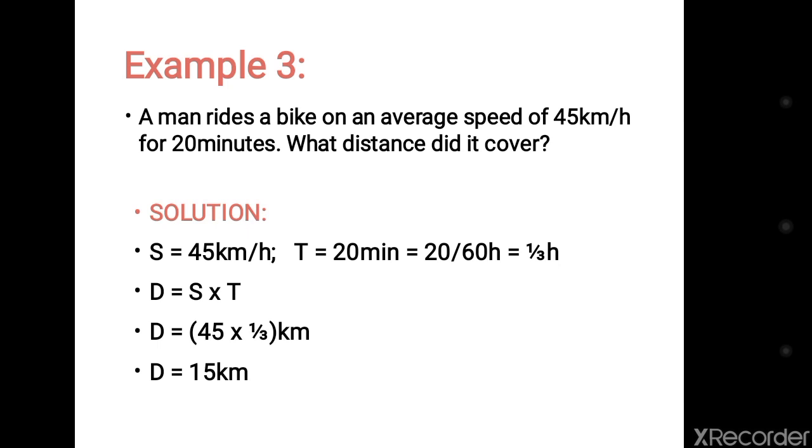So I decided to measure in hours because I know 60 minutes make 1 hour. So 20 minutes divided by 60 will give you 1/3 hours. So distance is equal to speed times time. So distance is equal to 45 times 1/3 in kilometers, and that will give you 15 kilometers.